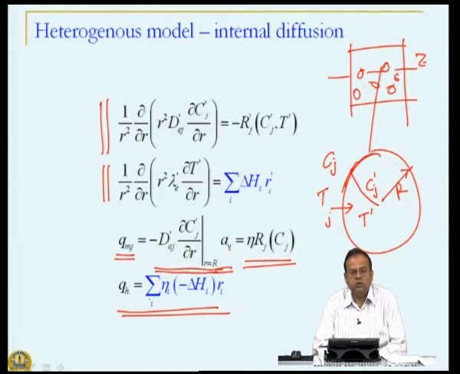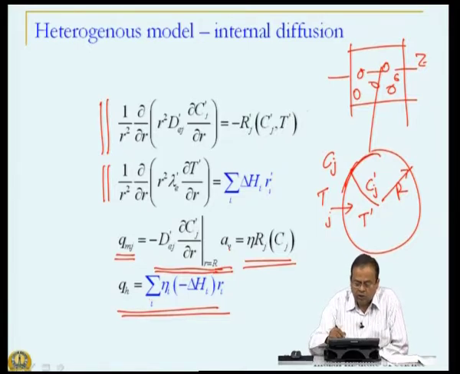So, let me recap once again. What we are saying is that we are now writing a heterogeneous model for a multiphase reactor. Why heterogeneous? Because we acknowledge that solids are a distinct phase in our reactor.